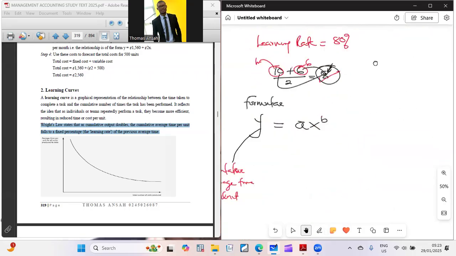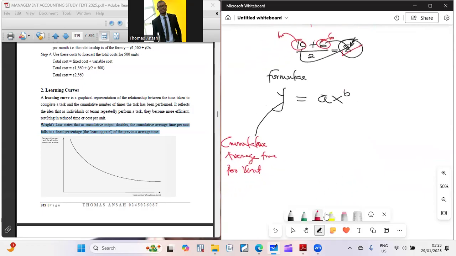A is the time it takes to produce the first unit. And please, the stress is on the first unit. All right. So you will be given that obviously. Then what is X? X here is the cumulative output.